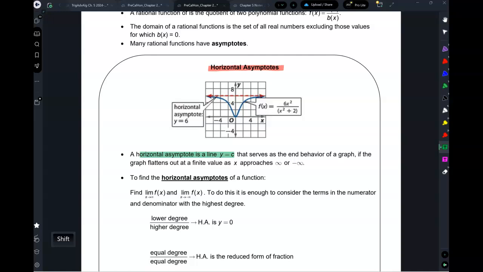Now, officially, the definition of a horizontal asymptote, which we use to find a horizontal asymptote, is the limit of f of x as x approaches infinity, or the limit of f of x as x approaches negative infinity.